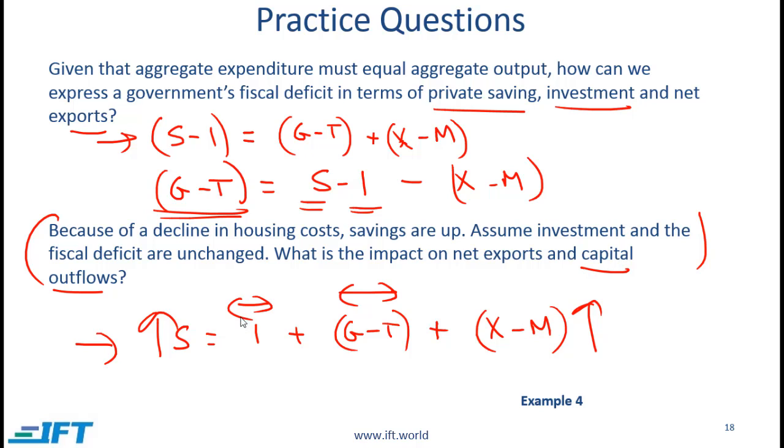I'll explain this briefly here, and then the concept will be covered in more detail later when we do international trade. But net exports going up will automatically result in our economy investing more in foreign assets or lending money to foreigners, which means that capital outflows also go up with net exports. So that is the solution over here.